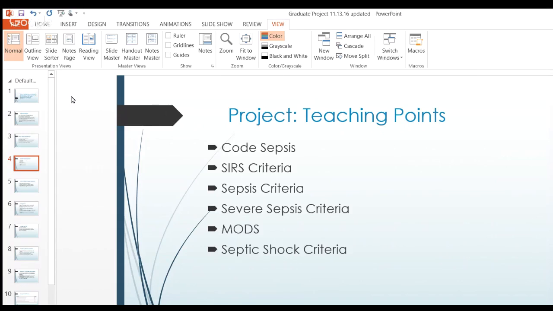And then, of course, there's septic shock, in which we see severe sepsis with hypotension. And it's not just the presence of hypotension, it is the presence of hypotension that does not respond to fluid resuscitation. All of those were areas that were then discussed in greater detail during the debriefing.